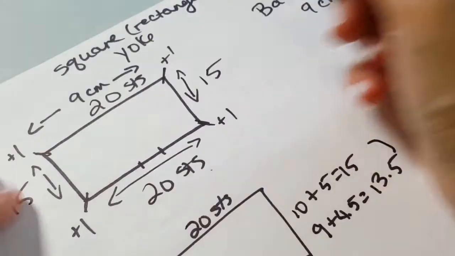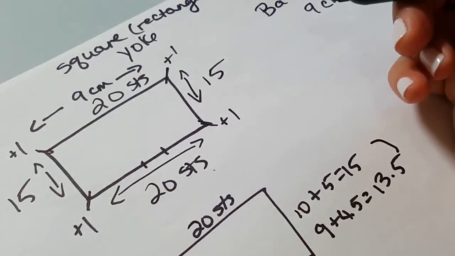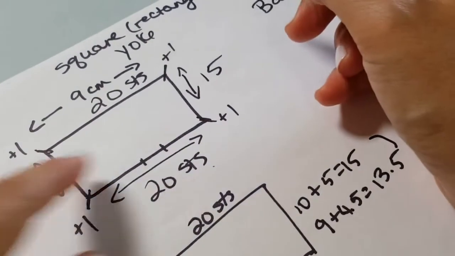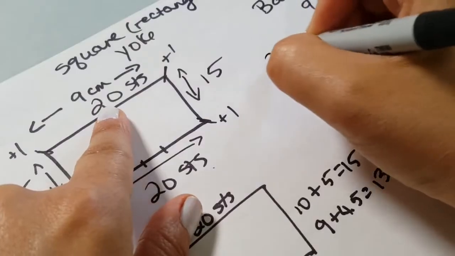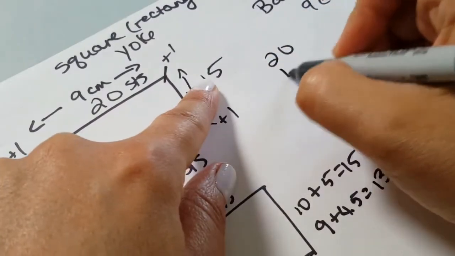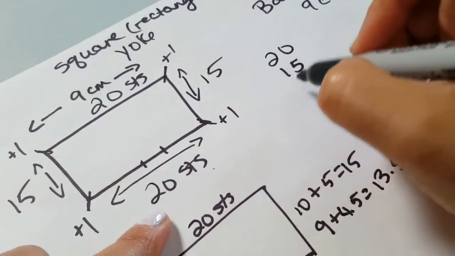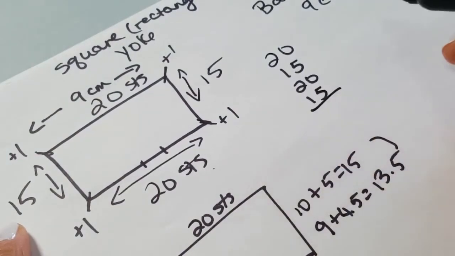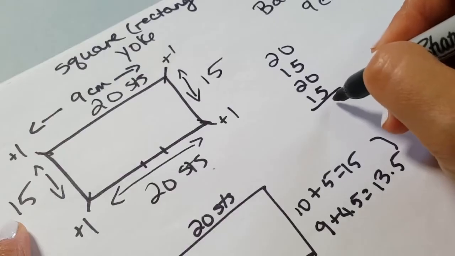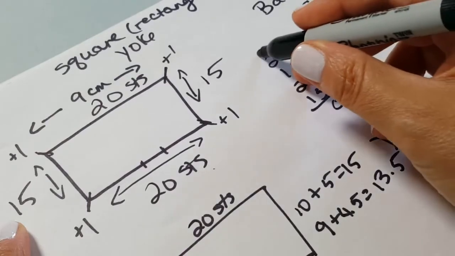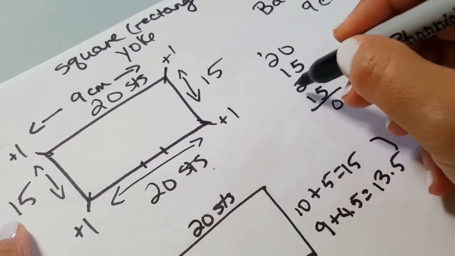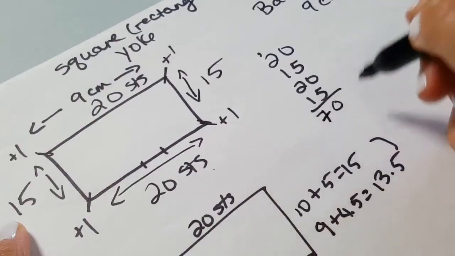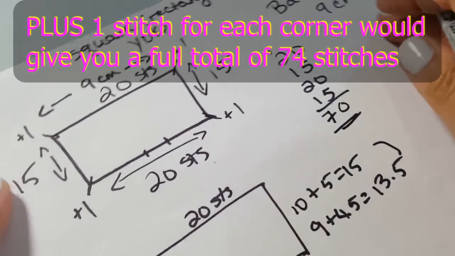So now let's count up the total number of stitches we need. Okay, so if I have 20 in the back, 15 on the side, 20 in the front, 15 on the other side, when I add those up, I have a total of 70 stitches.